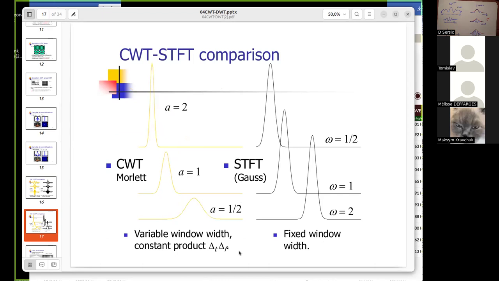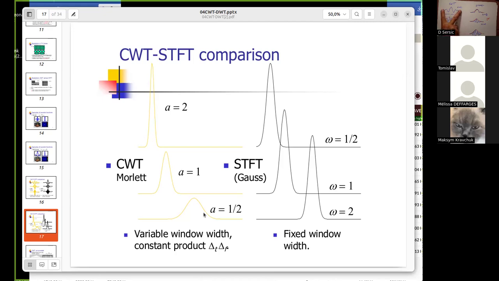So here is how it looks in the frequency domain. STFT does only linear shifts. The width in the frequency domain does not change. But for the continuous wavelet transform, the width changes.